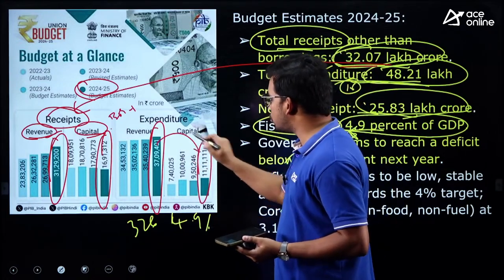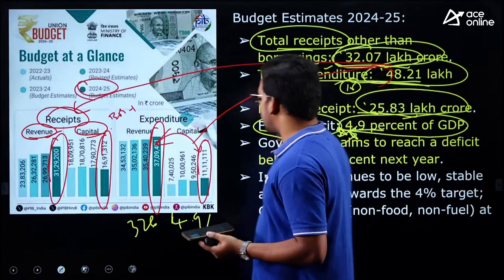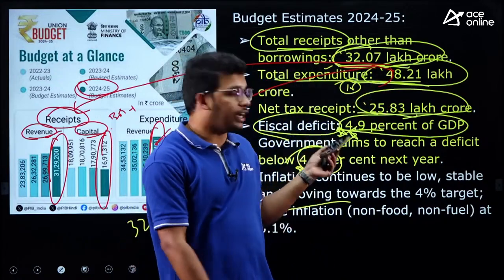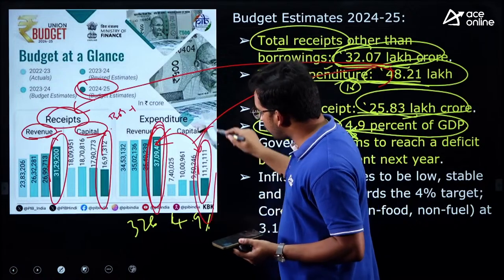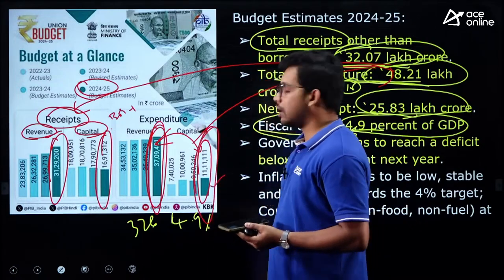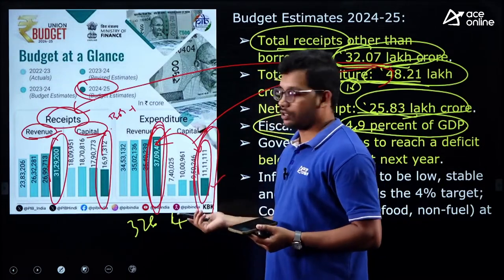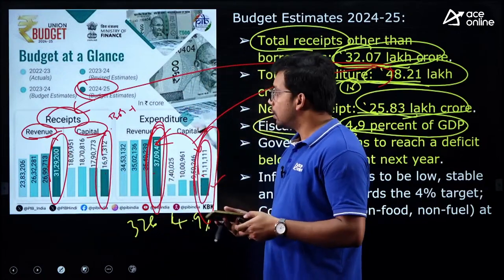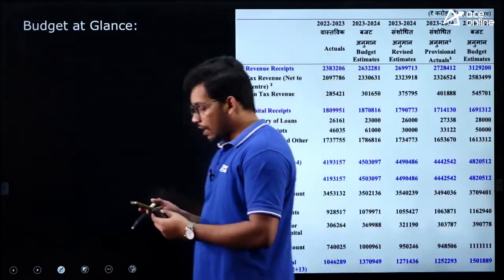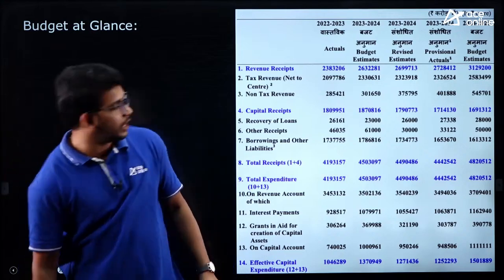So if you add these two, you will get 48 lakh crore. Expenditure is total 48. Out of that, revenue expenditure itself is more, which is a bad thing. We should promote more capital expenditure, right. So these 4 numbers you have to remember. Is this clear? Now budget at a glance, we have already seen this.